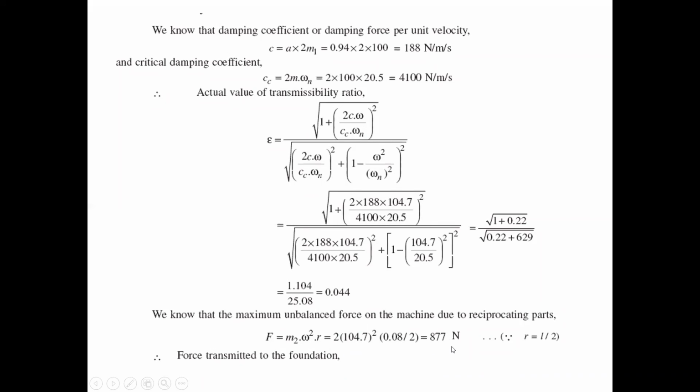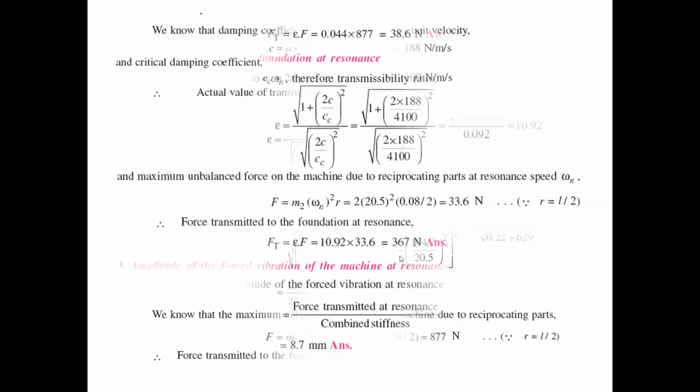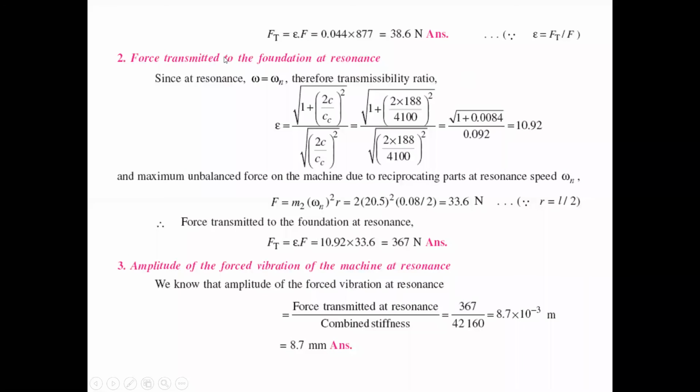So now going to find the force transmitted to the foundation. So Ft is required. What is the relation? Transmissibility ratio equals force transmitted to force applied. So Ft equals transmissibility ratio into force applied, the force applied recently calculated.